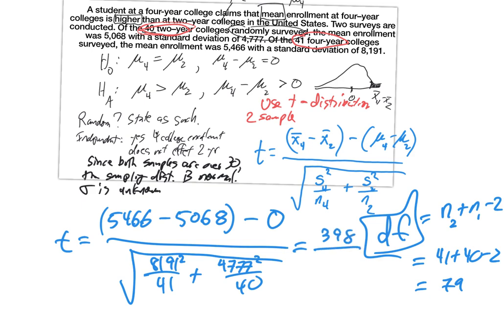And I'll do a whole bunch of stuff in the denominator. 81, 91 squared divided by 41 plus 4777 squared divided by 40 is that. So I have a very large number in the denominator, but I take the square root of it.